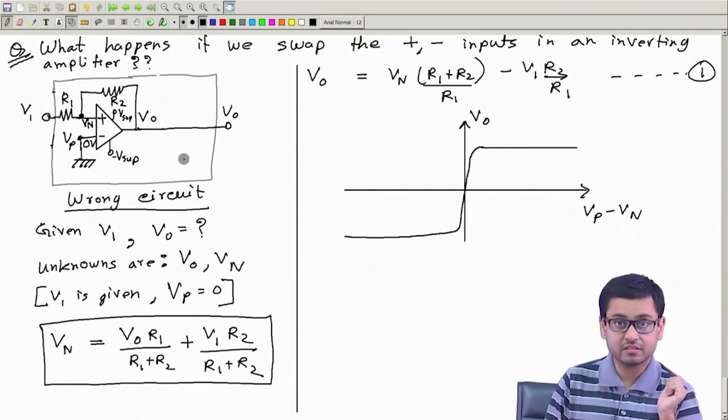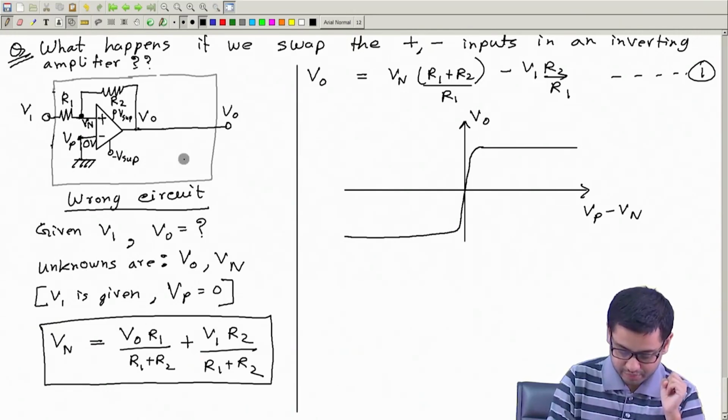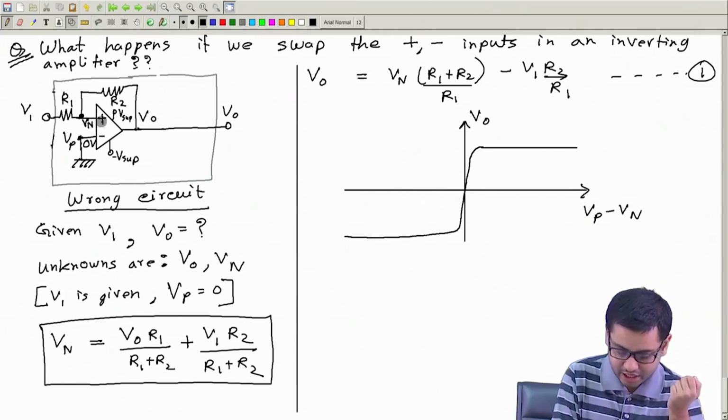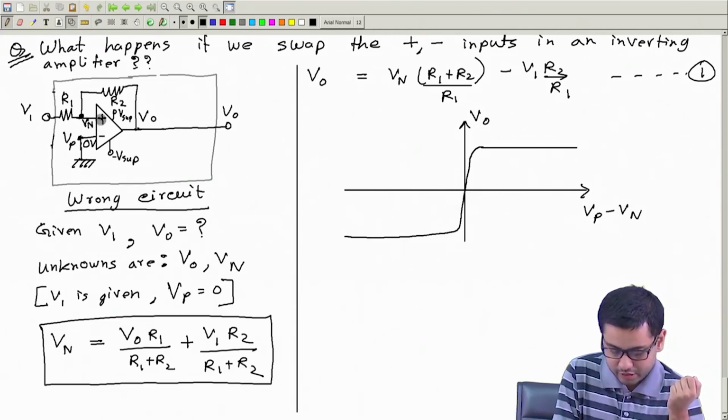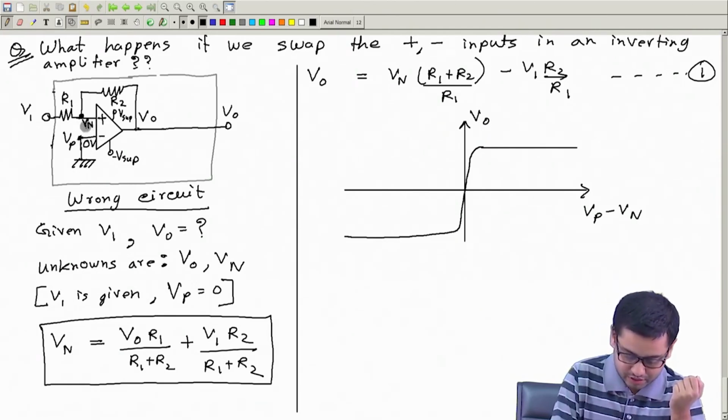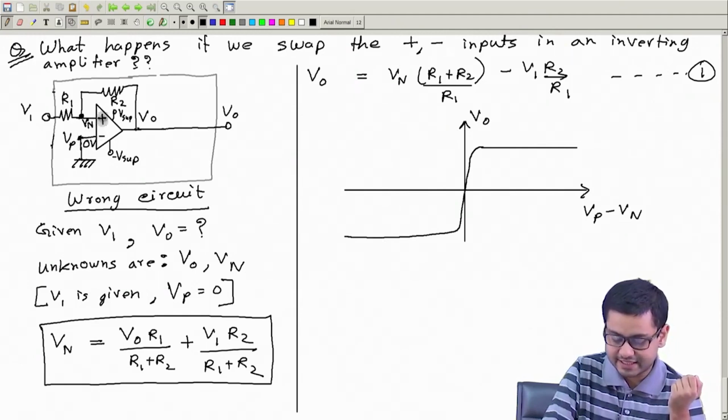Okay, there is a mistake, a small mistake. Vn is now the voltage at the plus terminal, and Vp is now the voltage at the minus terminal, because I have changed this sign.